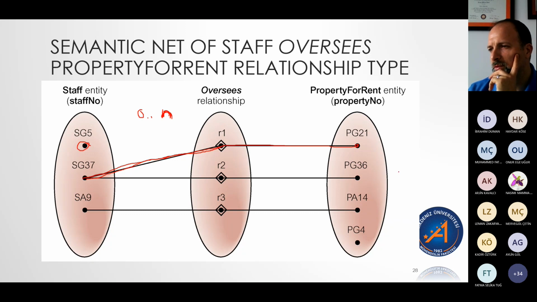This property is only overseen by one person. This property is only overseen by one person. All right, so 1 is how many can, but is it required that a property has to be overseen by a staff?